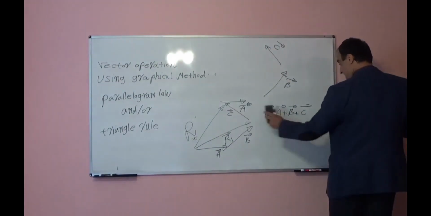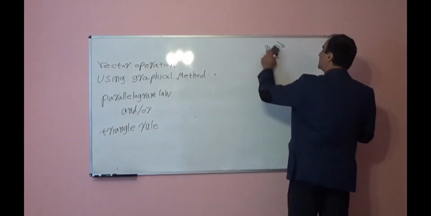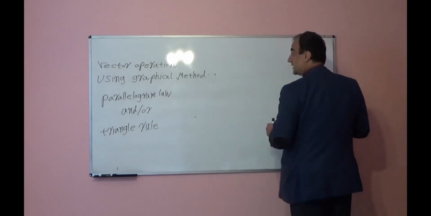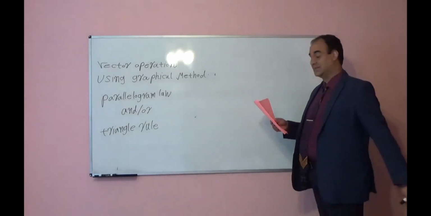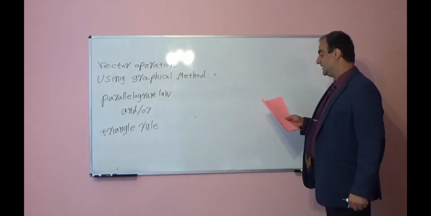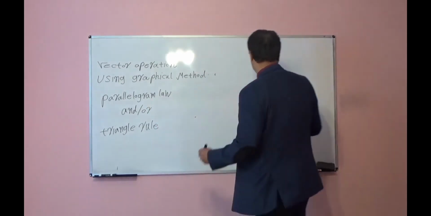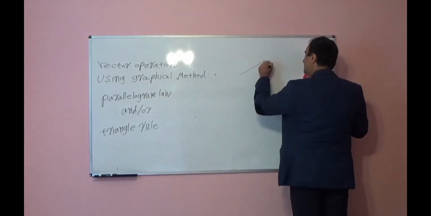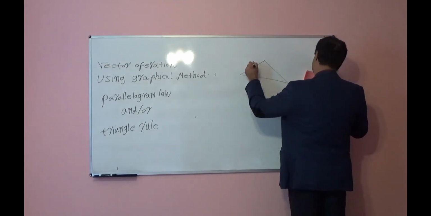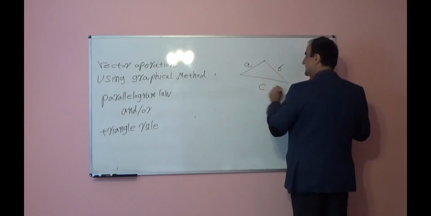Of course you know about this, but we will use it if we want to add vectors using the triangle rule or parallelogram law. You will need the 2 laws we know: one of them is the law of cosines, and the other is the law of sines. For example, if we have one triangle, the side lengths are lowercase a, b, c.